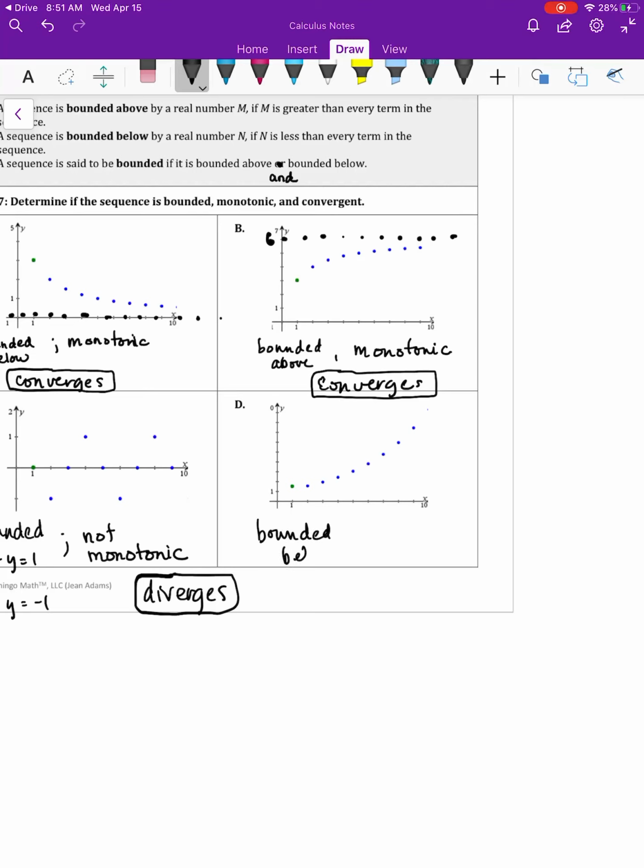But since it keeps going up, down, up, down, up, down, that's divergence. This one looks like it's going to infinity. It does kind of look like it's bounded below, though, because it looks like it's kind of leveling off here somewhere. It looks monotonic.